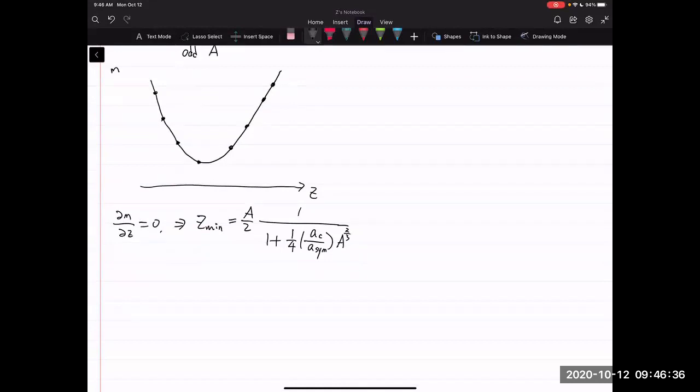So we can immediately reach this conclusion. For small A, this A to the 2/3 power term is essentially 0. a_C is a small number anyway. So then this Z minimum is approximately just half of A.